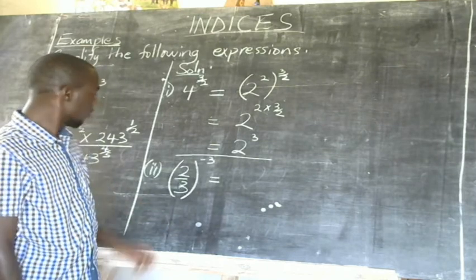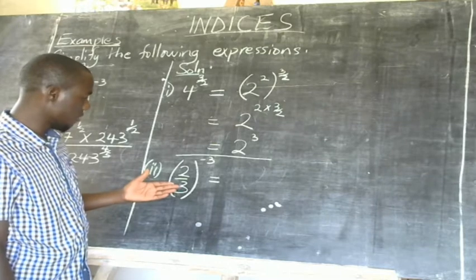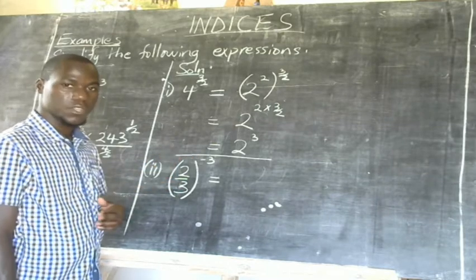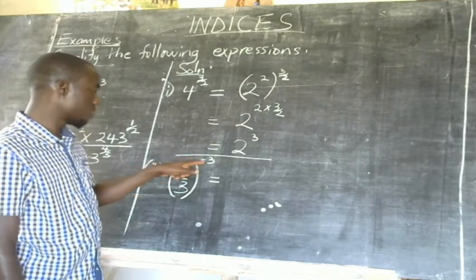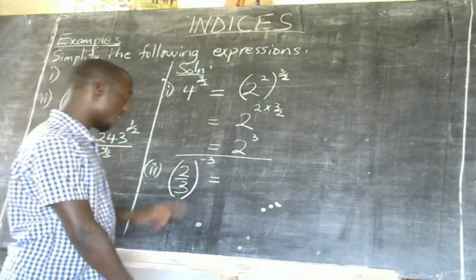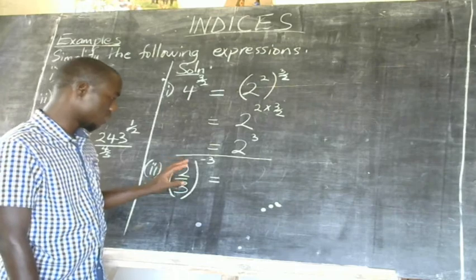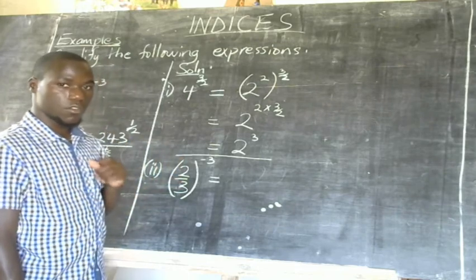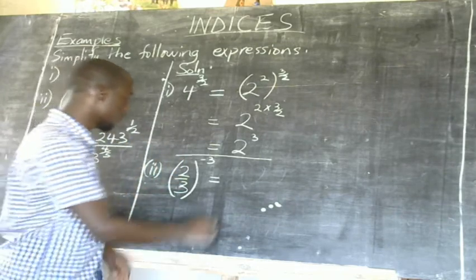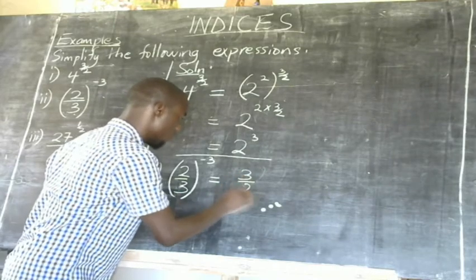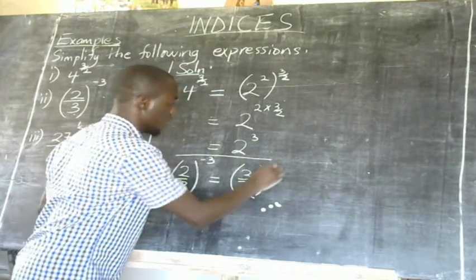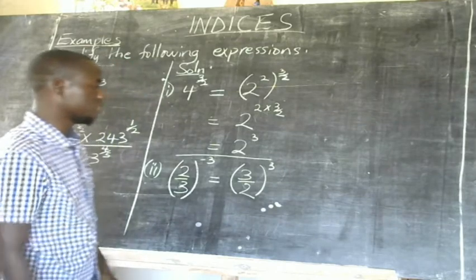Roman 2, we have 2 all over 3, then power negative 3. First of all, I'm going to first make my power positive by taking the reciprocal of what is inside. That is, I'm using the last law of indices that I wrote. So this is 3 all over 2. Then now my power is positive.